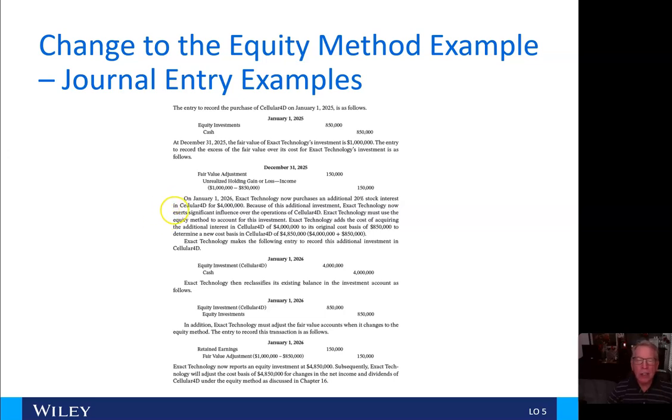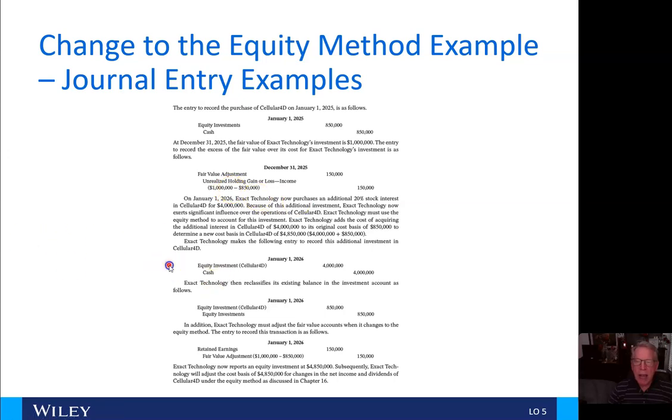It adds the cost of acquiring the additional interest of $4 million to its original cost basis of $850,000 to determine a new cost basis in Cellular 4D of $4,850,000.